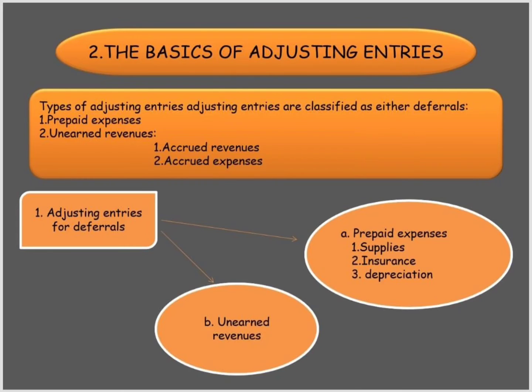2. Insurance. Companies purchase insurance to protect themselves from losses due to fire, death, and unforeseen events. Insurance must be paid in advance, often for more than 1 year. The cost of insurance paid in advance is recorded as an increase in the asset account prepaid insurance. 3.